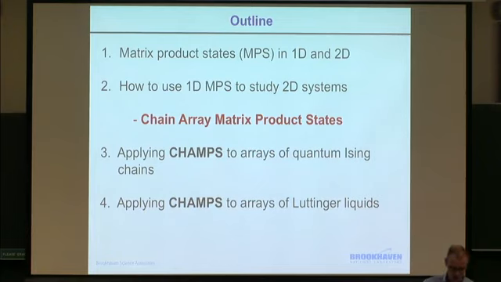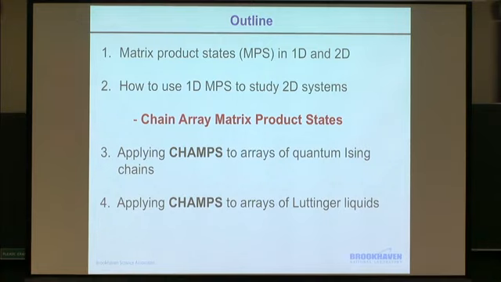So here's an outline of the talk. I'm going to begin by being pedagogical and telling you a little bit about matrix product states in 1D and 2D. The purpose of this is really just to orient you as to what I'm going to be doing with matrix product states in the context of 2 dimensions, and what the problems are and how we intend to solve the problems of using matrix product states in 2D.